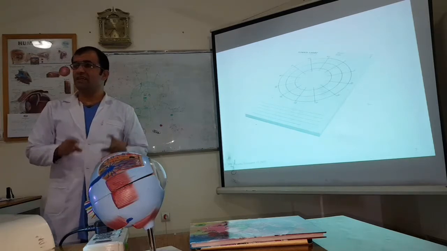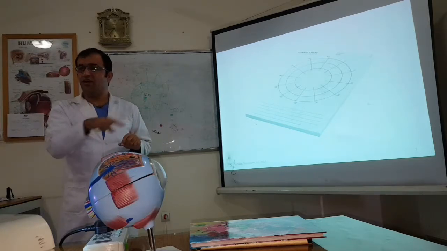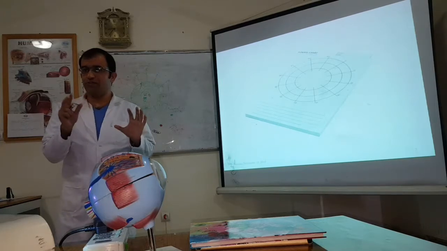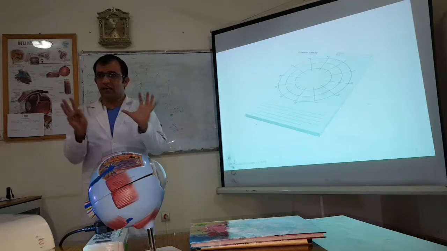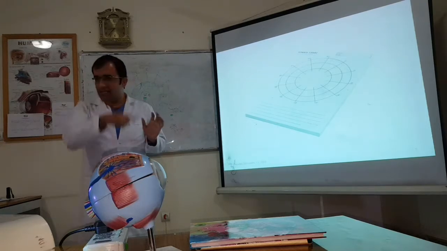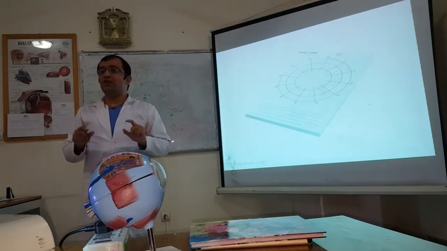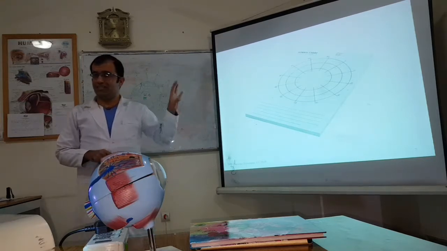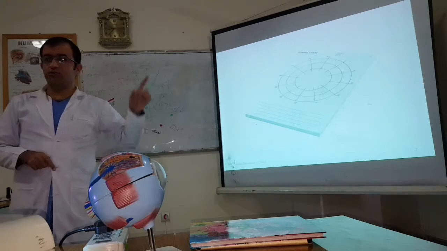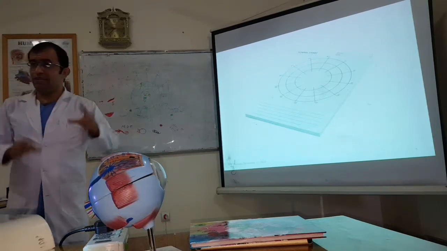But there is a technique to find the area of the equator. When we do funduscopy, we just see the retina, the vessels, and also the ora serrata. But we do not see the exact location of the equator. So there is a technique I will talk about later to find the location of the equator in funduscopy.